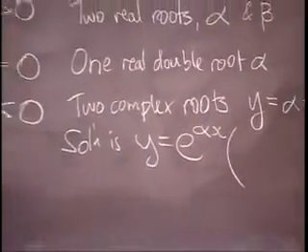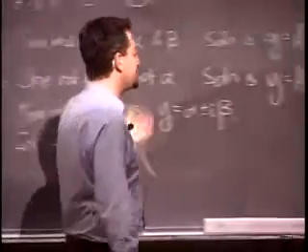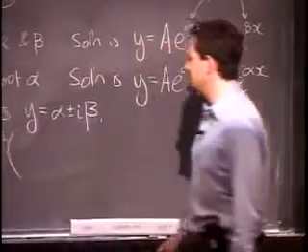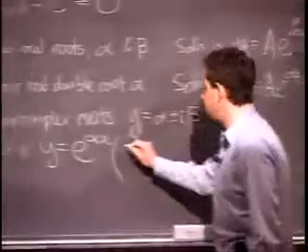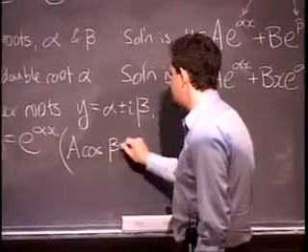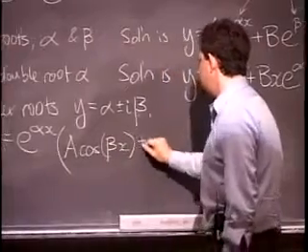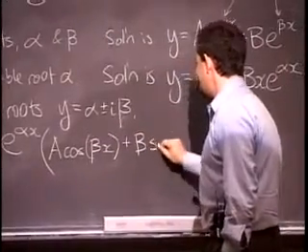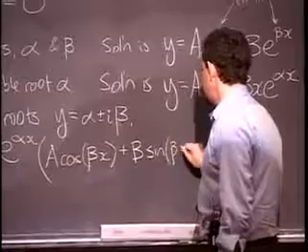It should really be e to the i beta, or something like that. But remember, Euler's formula says that e to the i beta has something to do with cosines and sines. And so it may not be such a surprise to learn that we now have A cosine beta x plus B sine beta x.